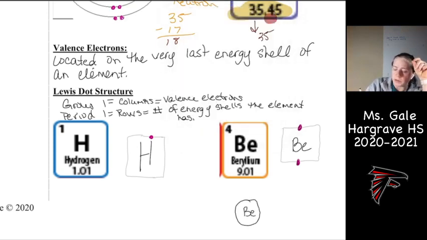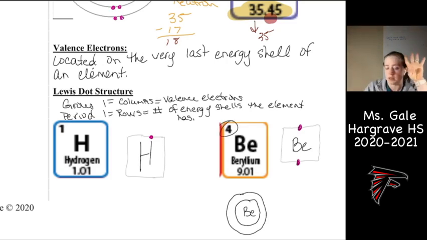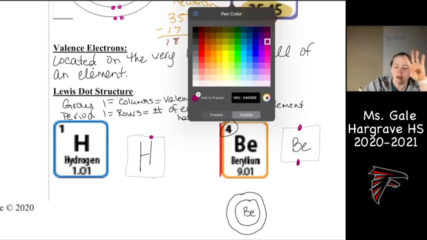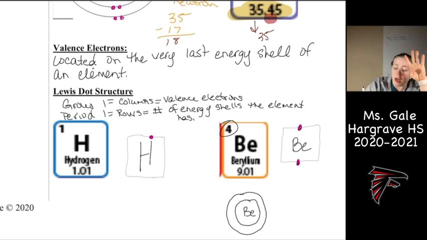This is our first ring, our second ring. Okay? Beryllium has an atomic number of 4, so we know it has 4 electrons when it's not charged. So if we do that, this is my nucleus.